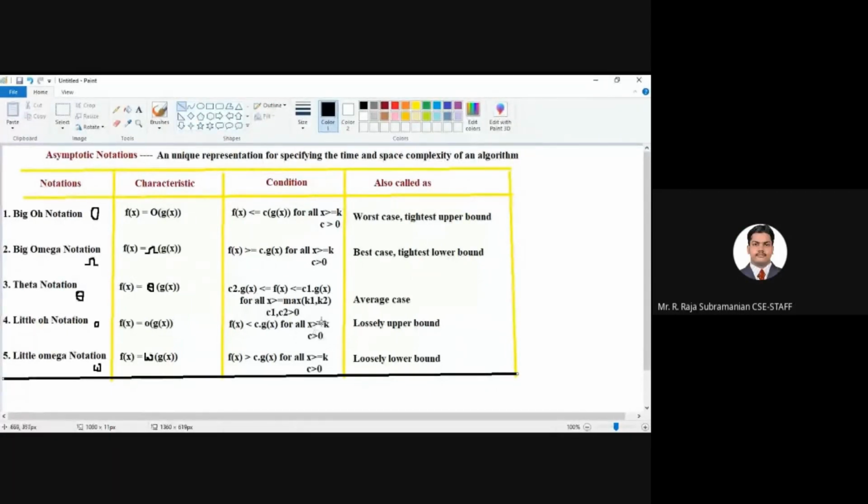Correct it there also. For all five notations, the condition will be the same. Only the difference will come for theta notation, where k1 and k2 and c1 and c2 will be there, because it deals with two different bounds at the same time.